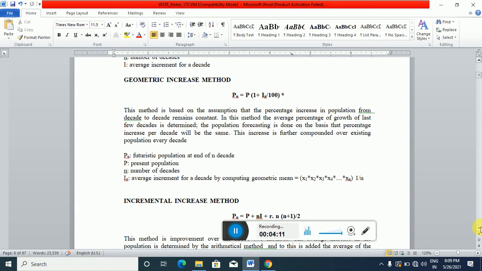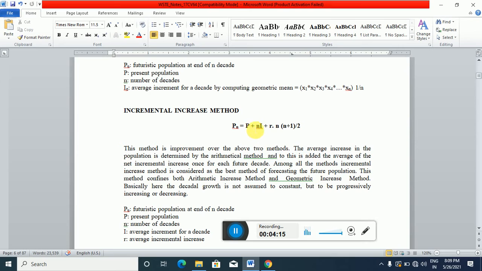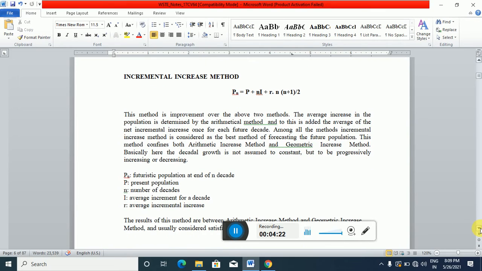So we have one more formula, that is the incremental increase method. It is given by Pn is equal to P plus N into I plus R into N into (N plus 1) divided by 2. In this method the average incremental increase is considered. Here Pn is the futuristic population after the nth decade.